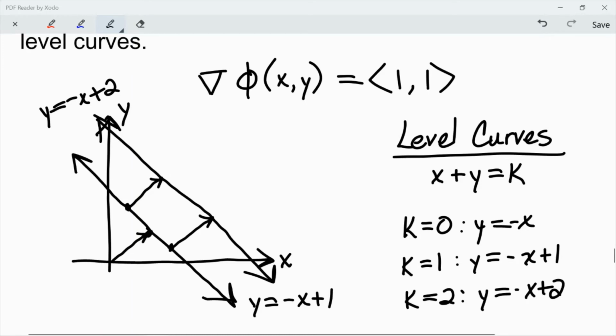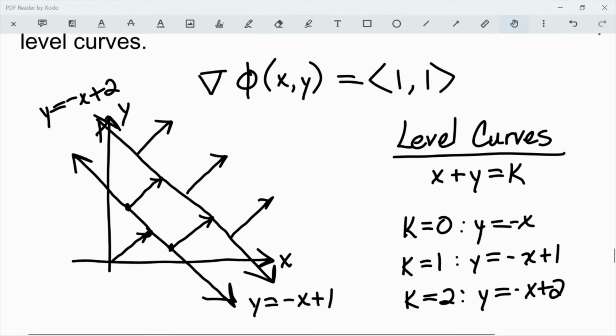And, you know, we'd have more vectors here. And it doesn't really matter where I put these vectors. The main thing is they point in the correct direction and they have the correct magnitude. It looks like I might have increased mine slightly, but they should be remaining constant in terms of their magnitude as I go from level curve to level curve. Okay, so fairly simple to do. Like I said, the ones I ask you to draw, they're not going to be super complicated.